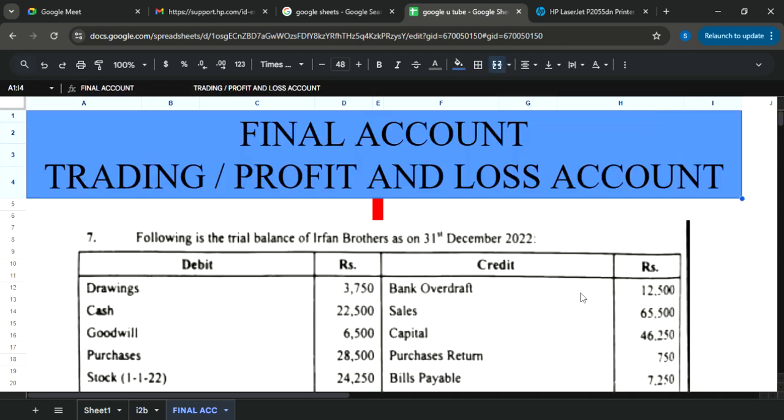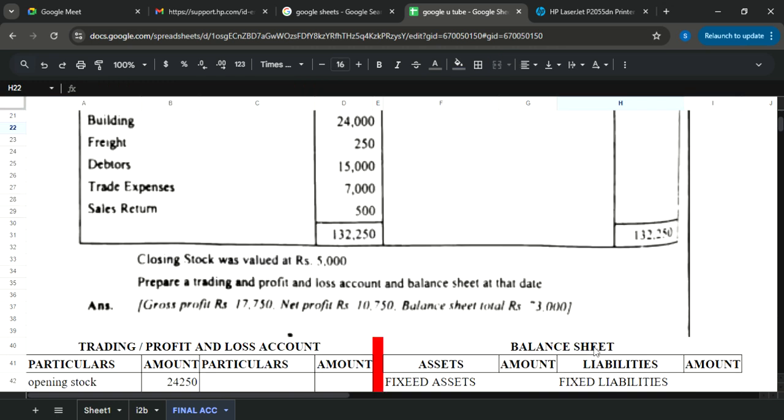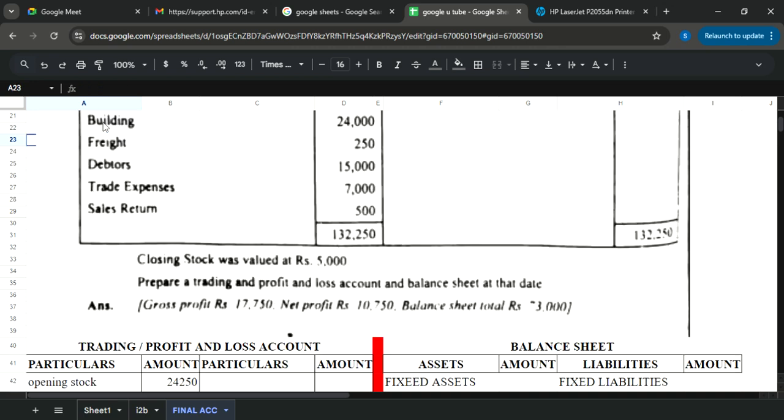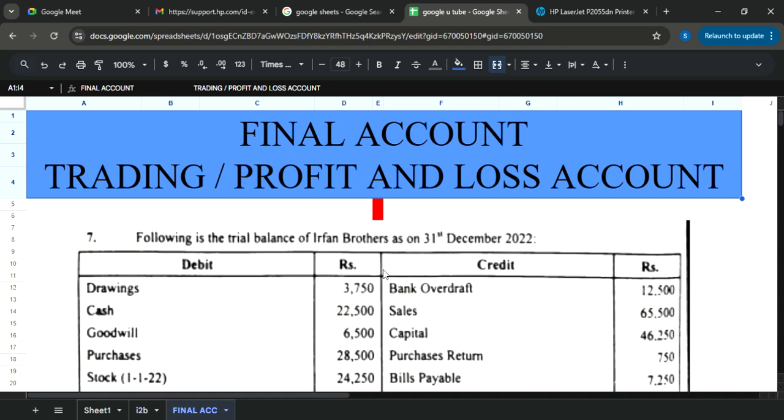Alright guys, now we have purchase returns, 750. We have already mentioned it over here, and 750 was written out. After returns we have bills payable. This is your bills payable, again a current liability.